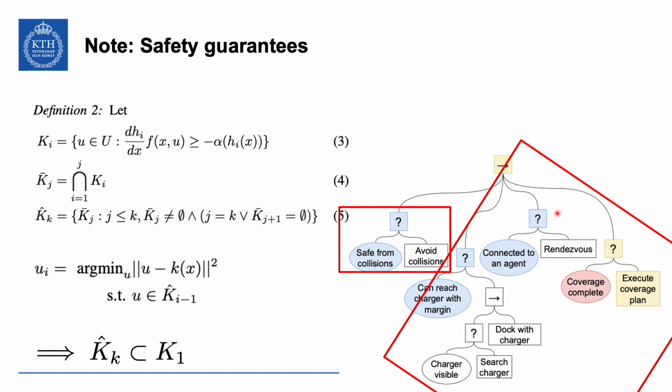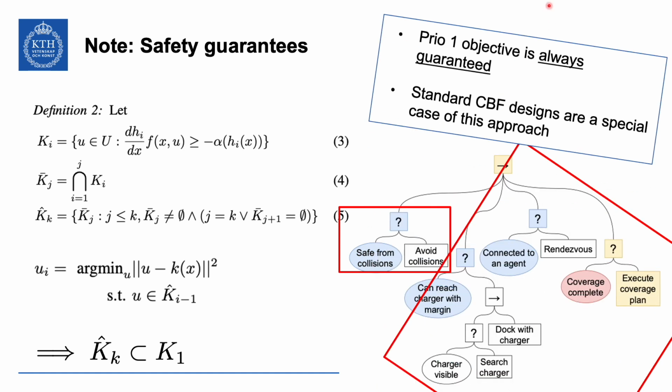Whatever happens down here, we talked a lot about trade-offs and contradicting objectives and achieved sub-goals, and you have to sacrifice some. Maybe you have to sacrifice being connected, maybe you have to sacrifice recharging and so on. But the priority one goal is always priority one, and it's always guaranteed. So you can see this.